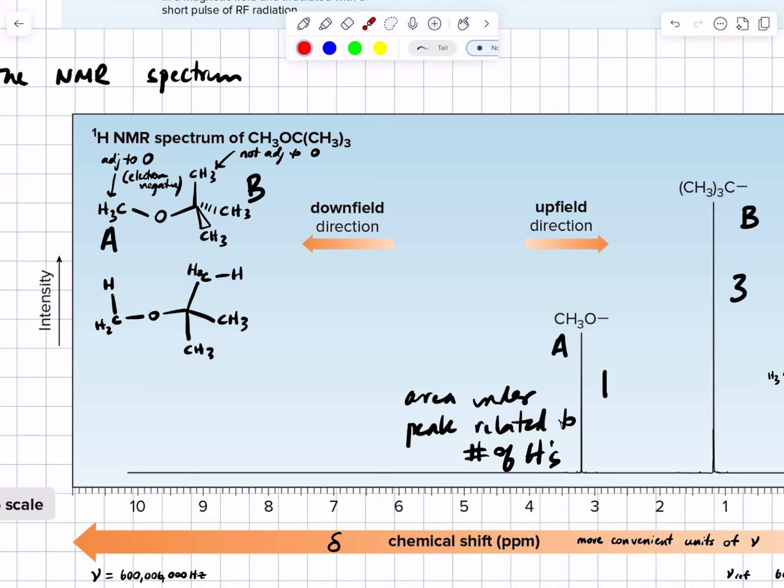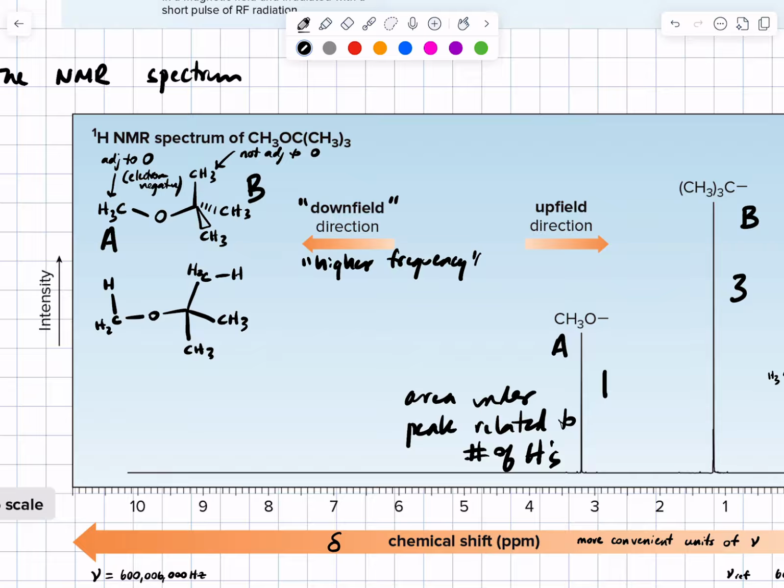And we'll talk about that. Higher frequencies are sometimes called downfield by NMR specialists, for reasons that are historical and no longer matter. Higher frequency, higher chemical shift.